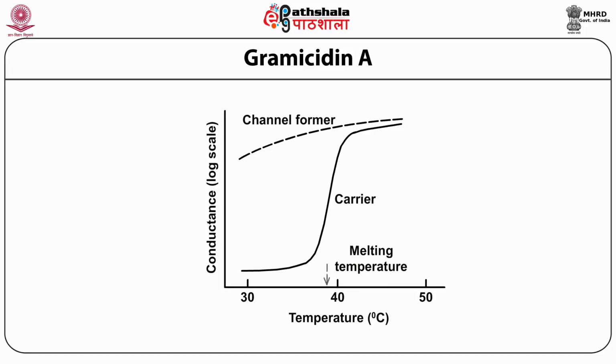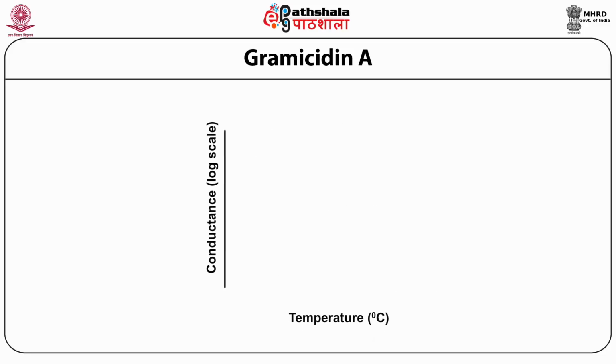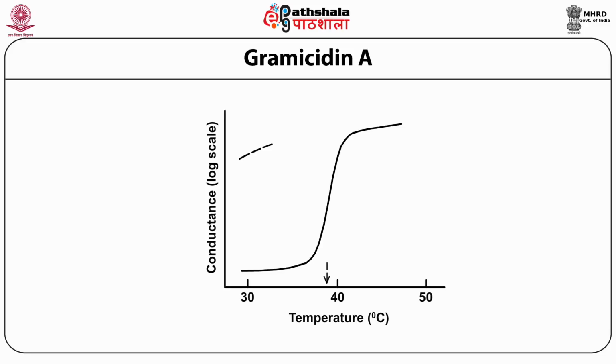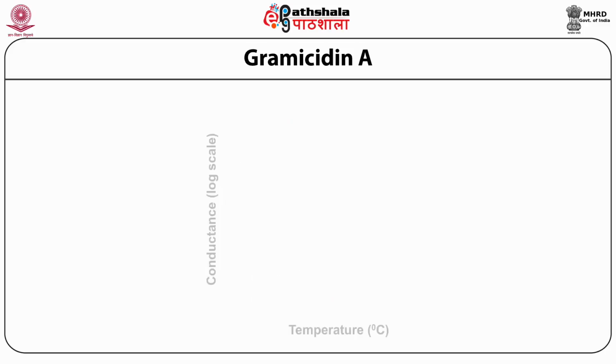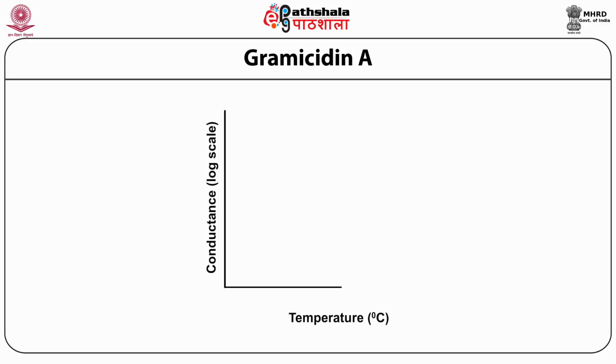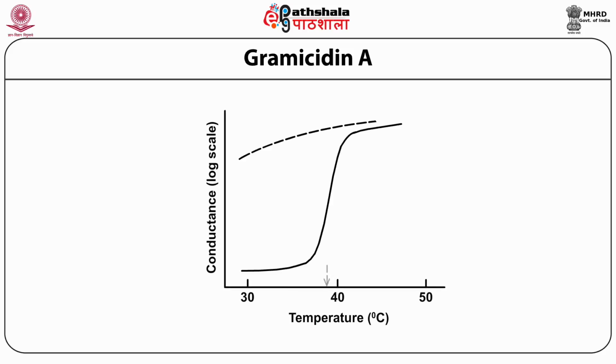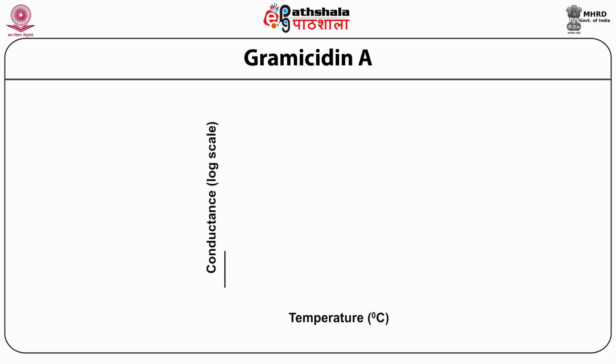The temperature range is around the transition temperature of the lipid, at which the lipid bilayer becomes highly fluid. In the case of channel formers, membrane fluidity does not matter. On the other hand, a carrier ionophore has to move through the membrane. Its movement is affected by the membrane fluidity.